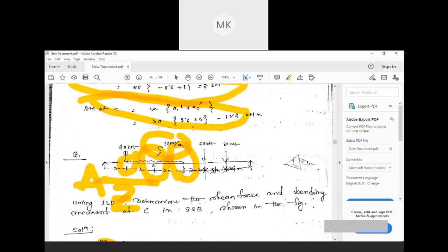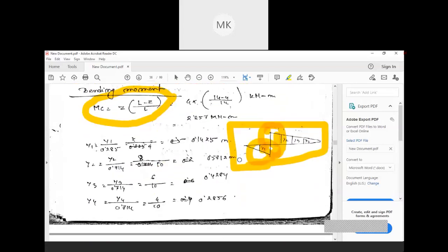See in this diagram, for this, y1 is 40 kilonewton. Our y2 will be the representation of this UDL, 10 kilonewton per meter, and 60 kilonewton for this, the coordinate will be y3, and for 80 kilonewton the coordinate will be our y4.